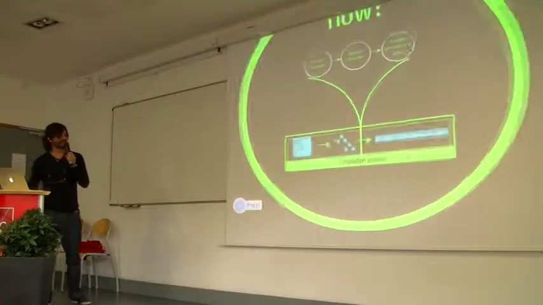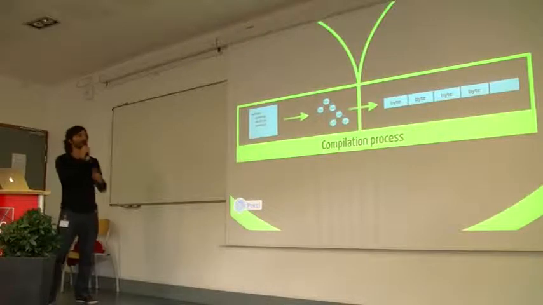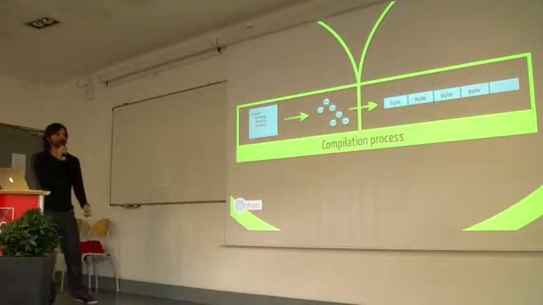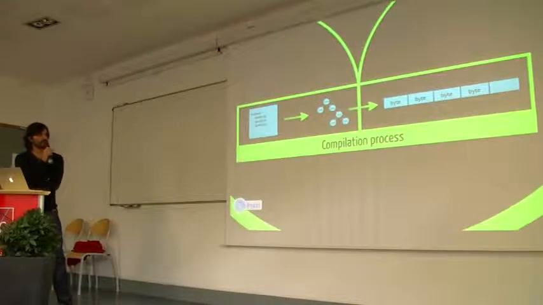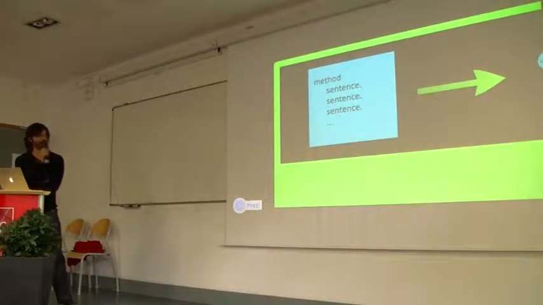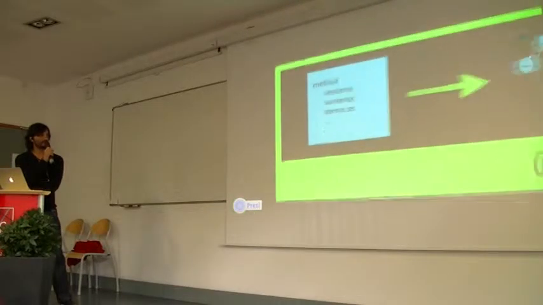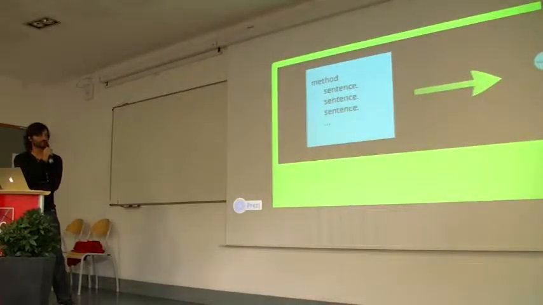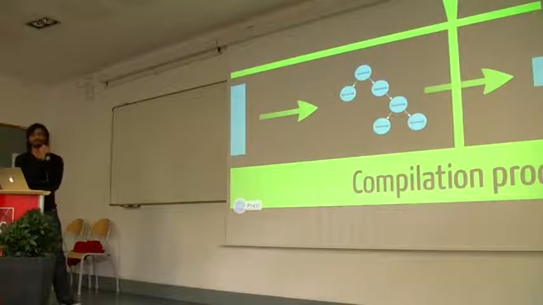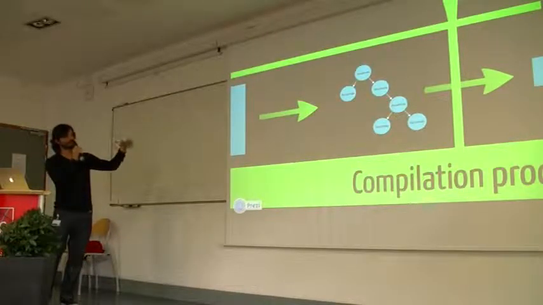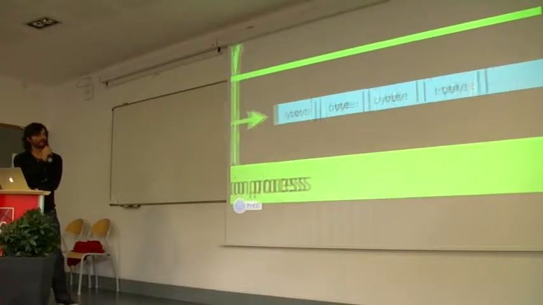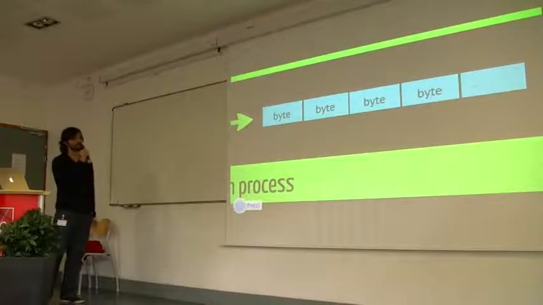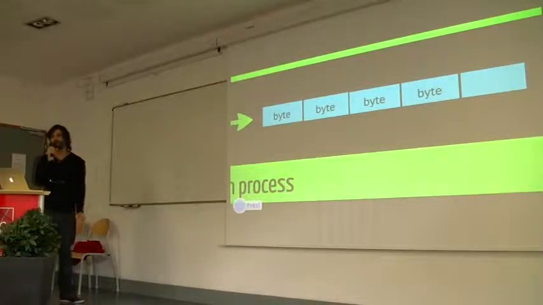Okay, regarding the way in which we implemented this. This is just a big picture of the compilation process in which we find the input, which is source code, and then after the parsing phase, we get an AST with some decorations, suppose. And then this is directly encoded into bytes.